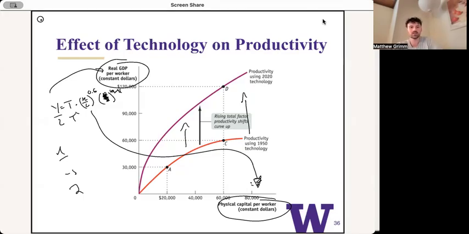This kind of makes sense. Say we have a lot of physical capital per worker, and there was an update to a software system that makes it so much easier for everybody to produce a whole lot of goods. If you have 60,000 physical capital per worker, instead of producing 60,000 real GDP per worker, everyone can now be more productive, so that number can jump up to 120,000.